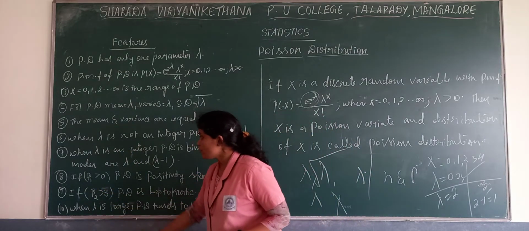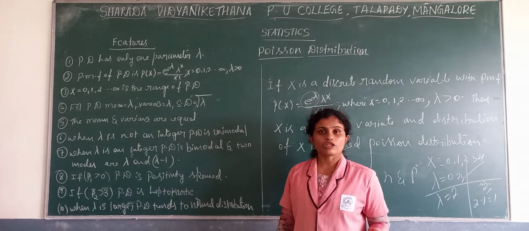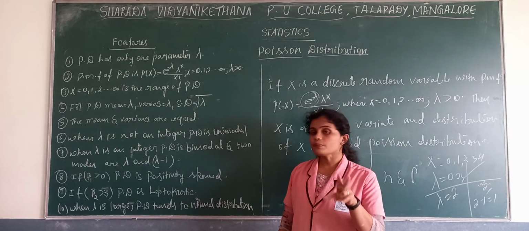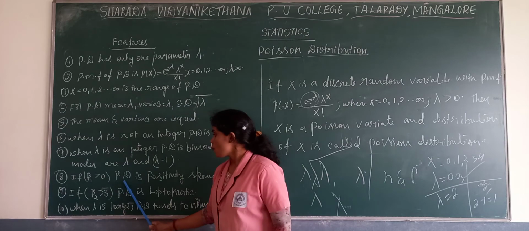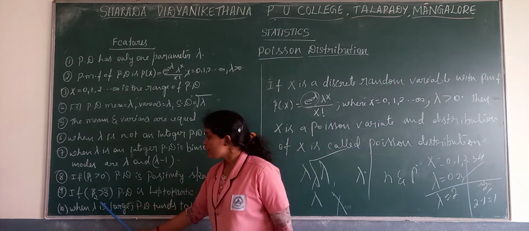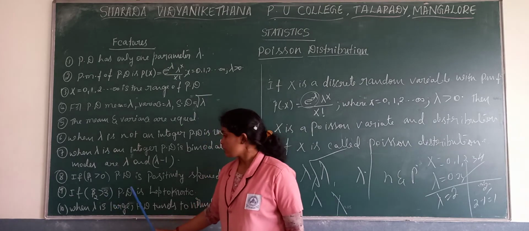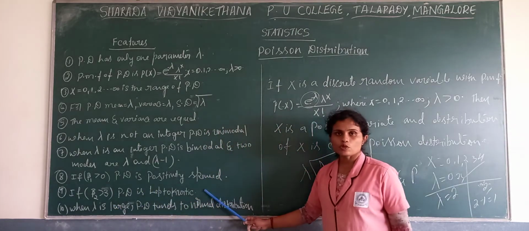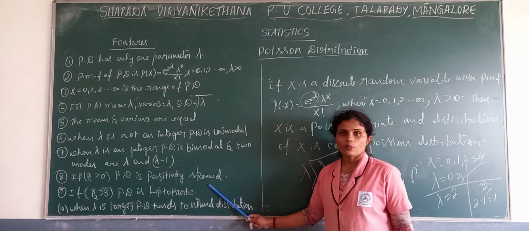Now, if beta 1 is greater than 0, Poisson distribution is positively skewed. If beta 2 is greater than 3, then Poisson distribution is leptocurtic. This we are not using in the problem.